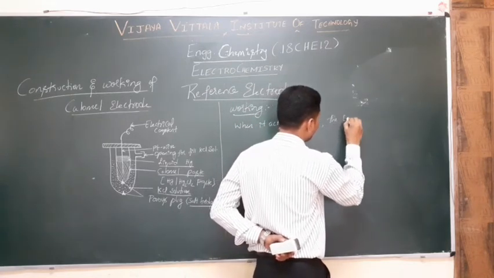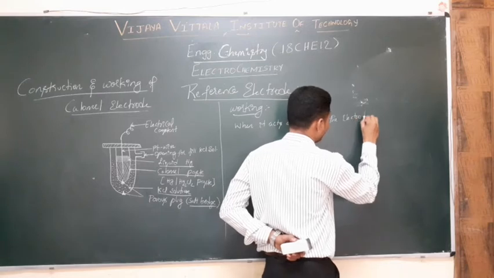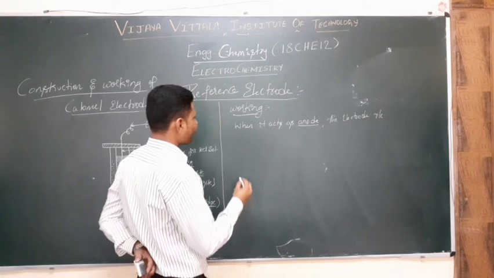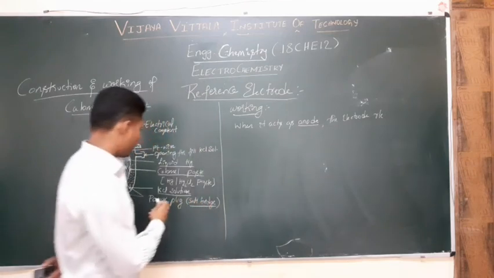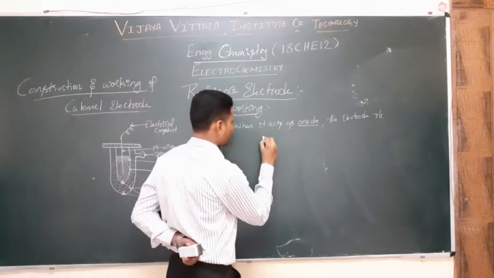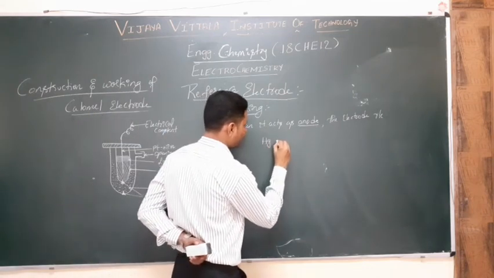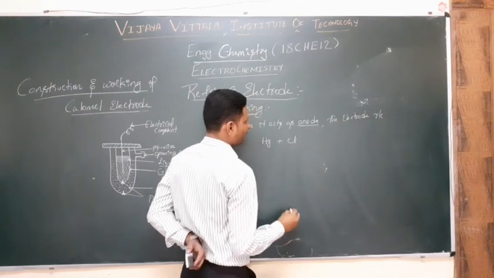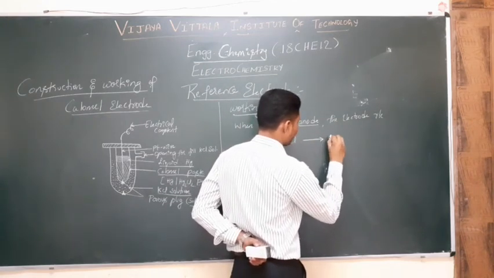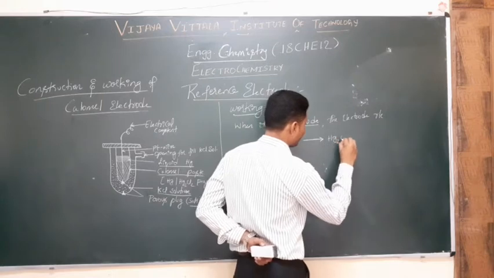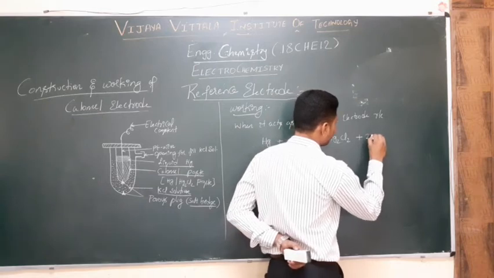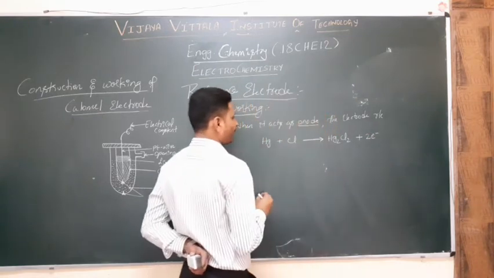The electrode reaction is, here we are using mercury with chloride, which gives rise to Hg2Cl2 plus 2 electrons.